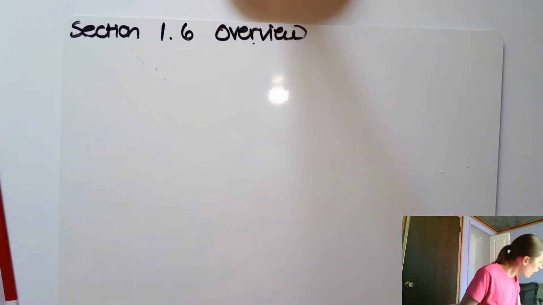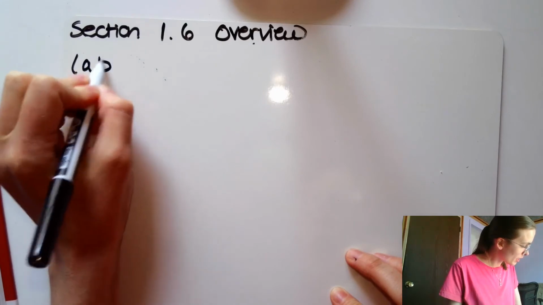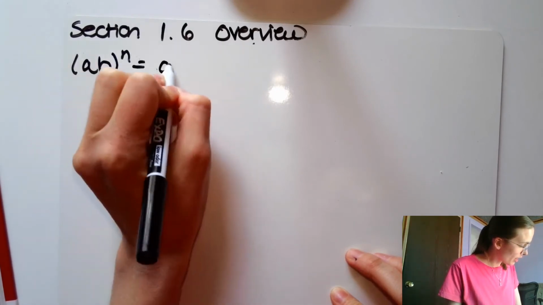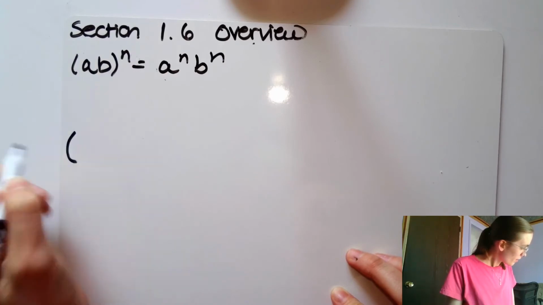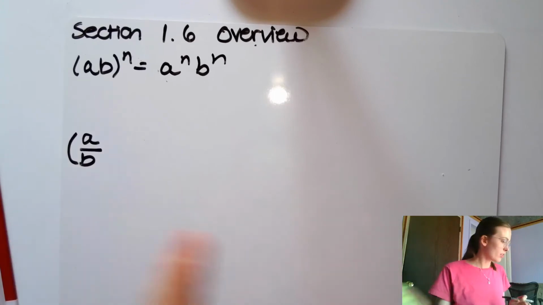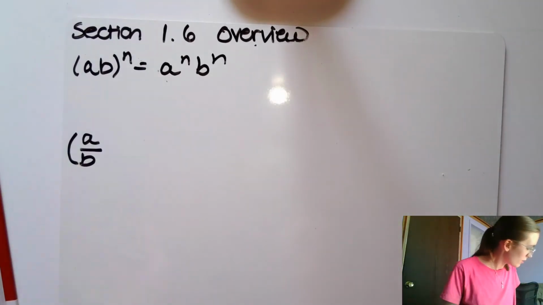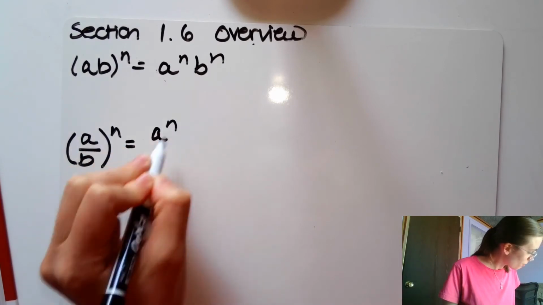So we've got raising a product to a power: a times b to the n equals a to the n times b to the n. And raising a quotient to a power: a over b to the n equals a to the n over b to the n.